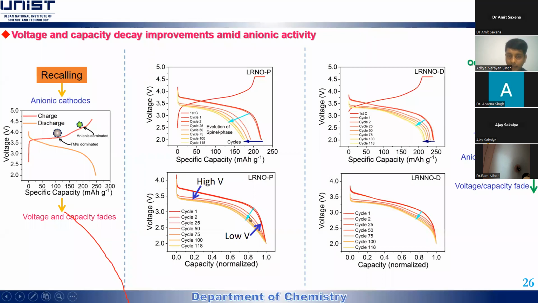One could see that the drop in voltage in nickel dope is higher, whereas it has a short drop in voltage capacity. So what we contributed is that despite activating the anionic redox, we have reduced the capacity fading, and that's what we contributed to battery research.